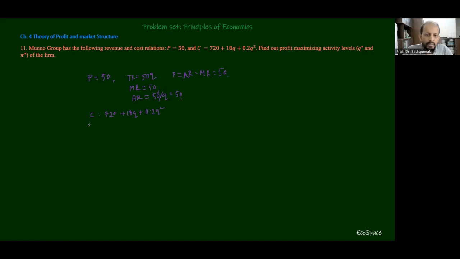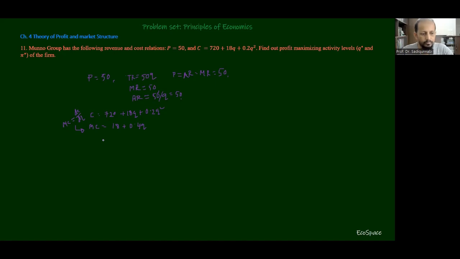And we can find the MC from here. Remember that MC is equal to dTC divided by dQ. MC is 18 plus 0.4Q.